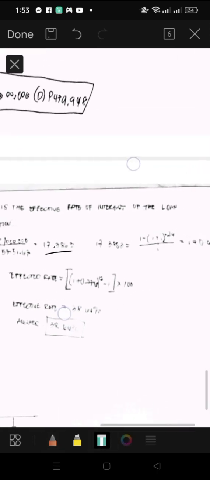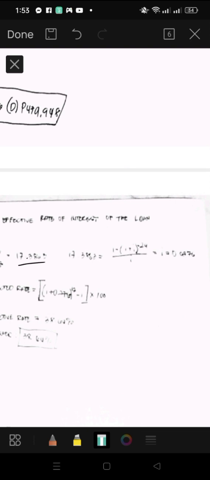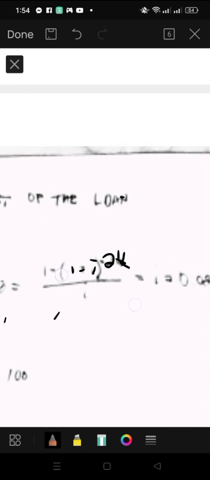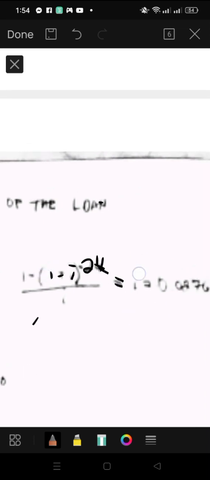So 17.3863 is equal to the quantity of 1 minus (1 plus i) raised to the power of negative 24, over i, so i is 0.0276.